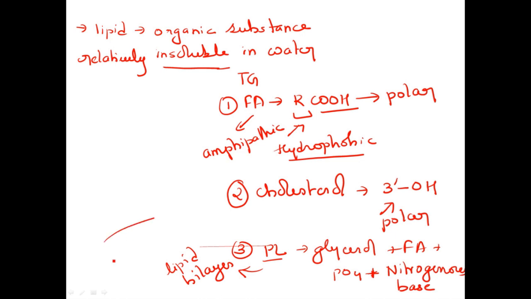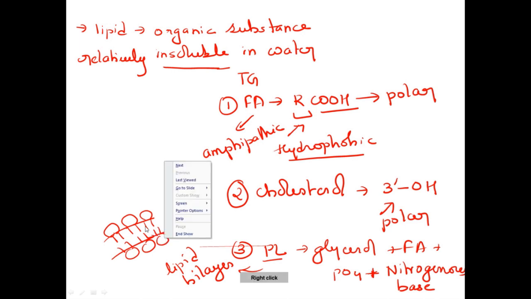Because of this, inside of the membrane we have fatty acids that provide non-polar nature, and outside we have polar heads that provide polar nature, and these polar heads interact with the aqueous environment in which the cell is present.